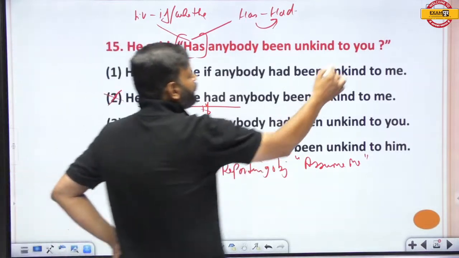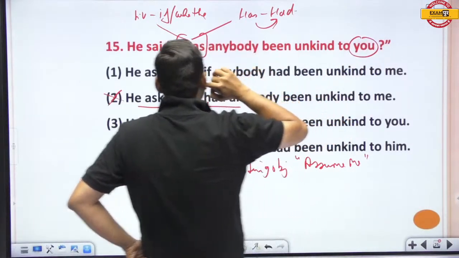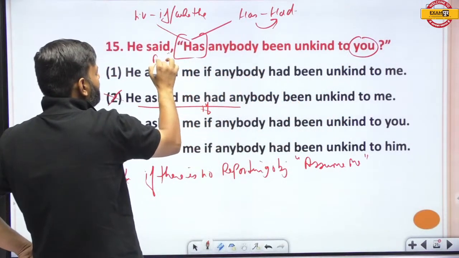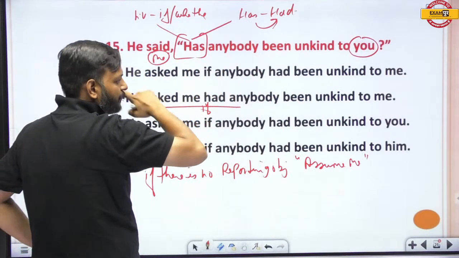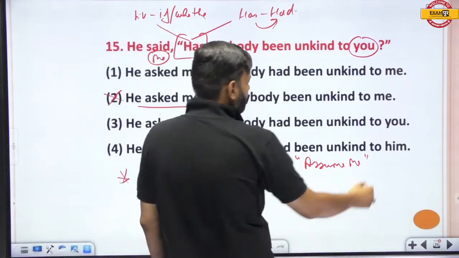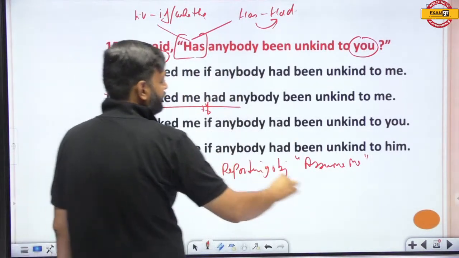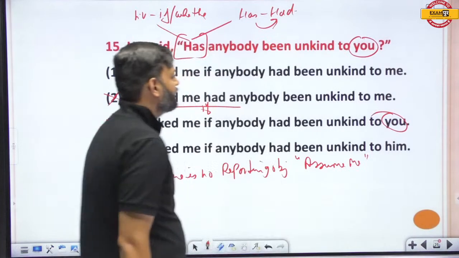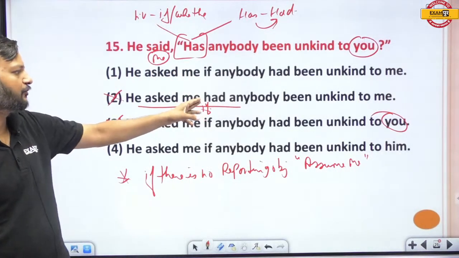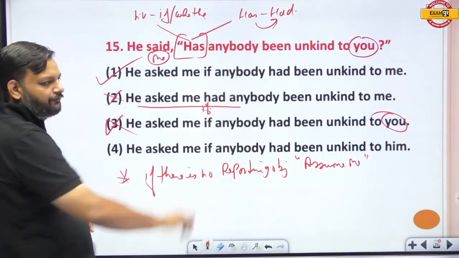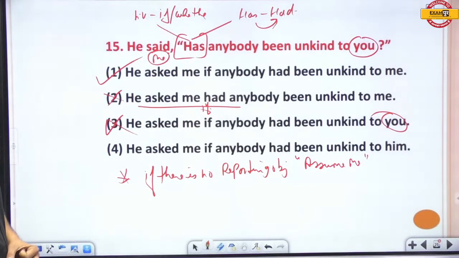So here you have to change you according to the reporting object, but there is no reporting object, so assume me. So when you assume me, you becomes me. So this cannot be the answer because you has not been changed. And this we have already eliminated because of if. So the correct answer is if.